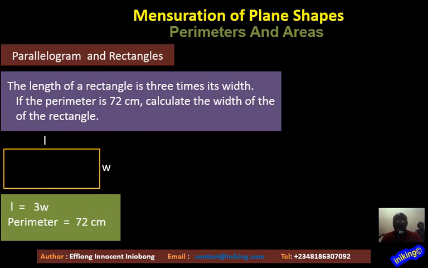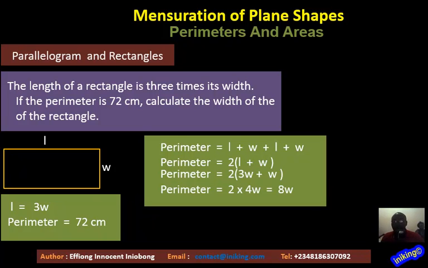Let's write this out neatly. The length is 3W, perimeter is 72. Therefore, perimeter will be length plus width plus length plus width, or we use 2 into length plus width. Still the same thing. Here we have 2 into, in place of length, 3W. So 3W plus W gives us 4W. Multiplying that by 2, I'm very sure you are following there.